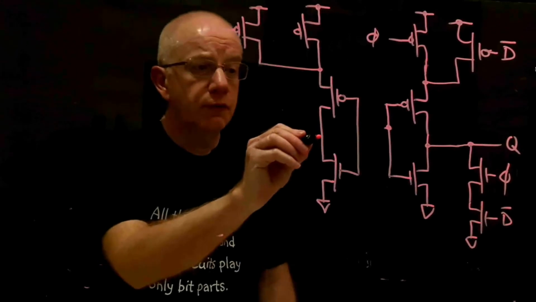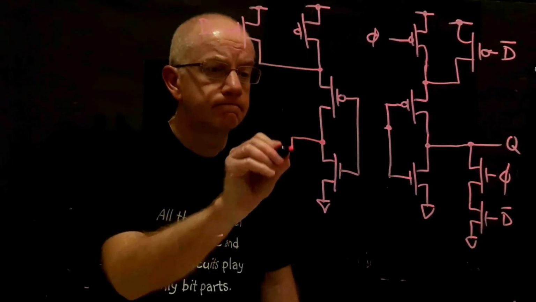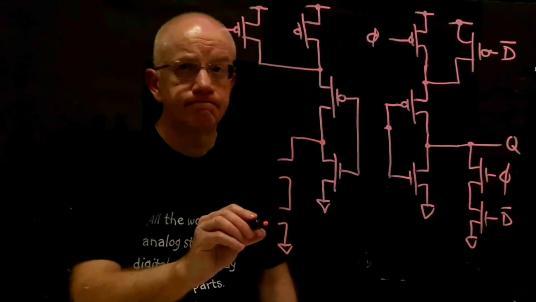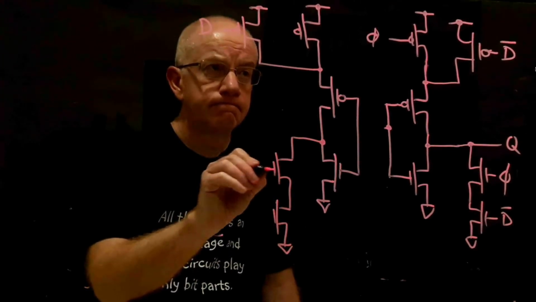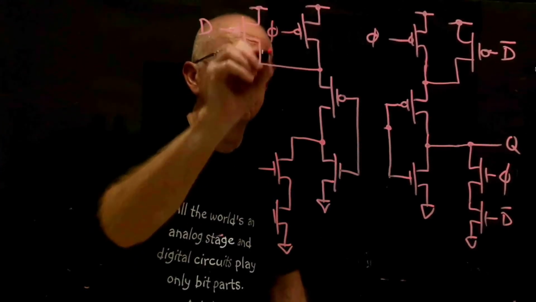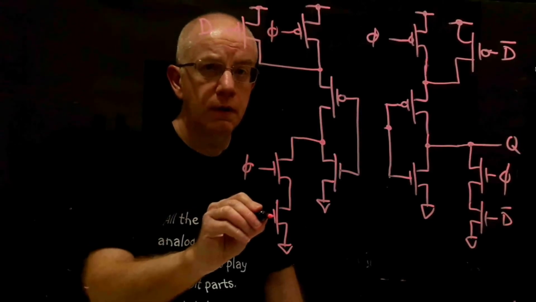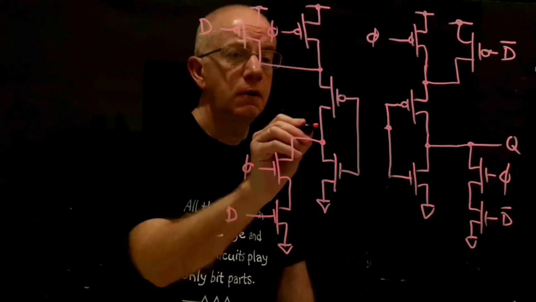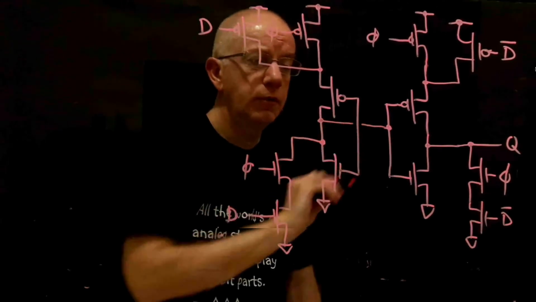And then we've got our two series transistors down here. There's phi, and there's D. And so this is Q bar, and that Q bar input goes there.